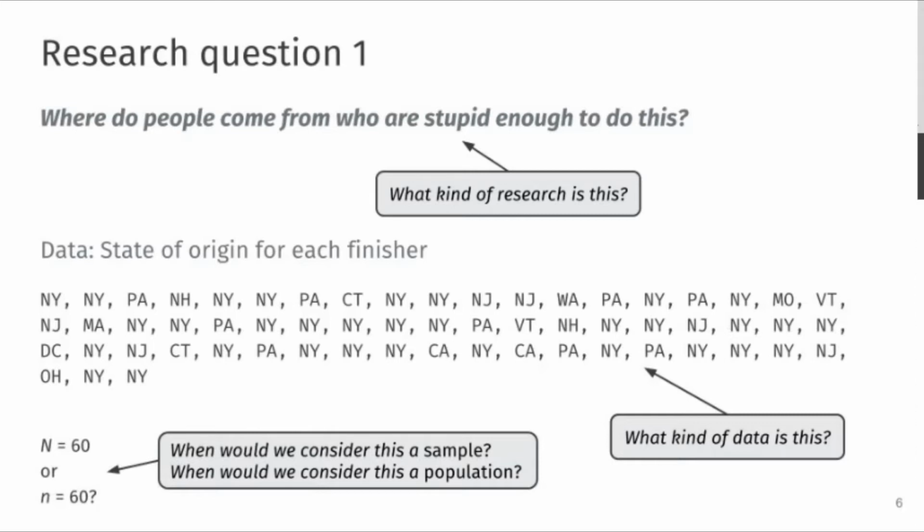We would consider it a sample if the 2015 running was meant to be representative of, say, all Virgil Crest runs or all ultra marathons around 50 miles, something like that. But we might also just be concerned with this particular group of people, in which case this would constitute our population. There's no sense in which we're trying to use this to generalize to anything else. We're just trying to describe this group.